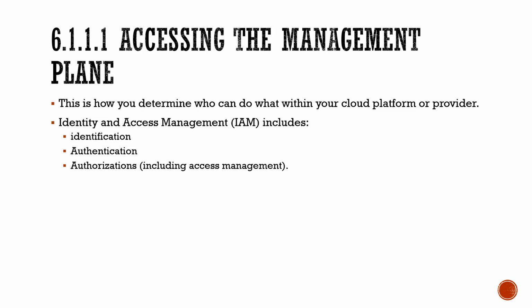Identity and access management includes, of course, identification, authentication, and authorization. This specifies who has access, what type of access, and what kind of authorization is required to gain access.